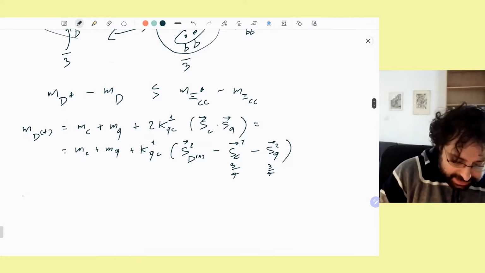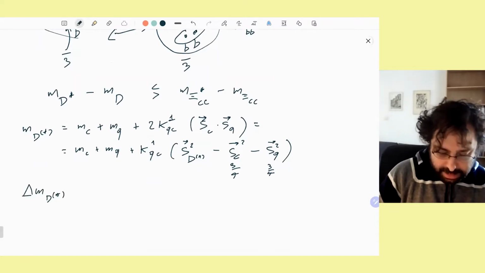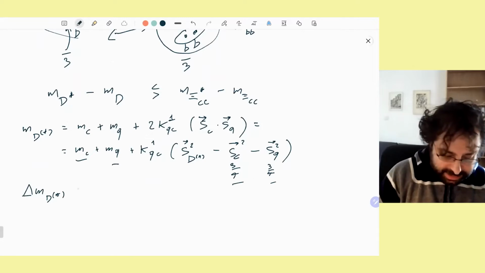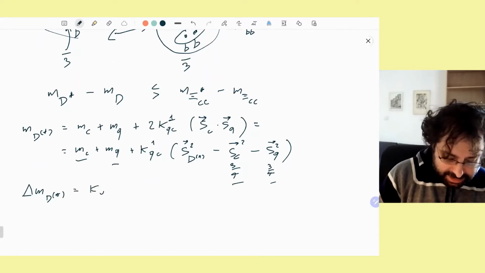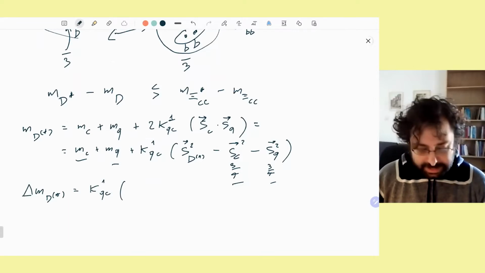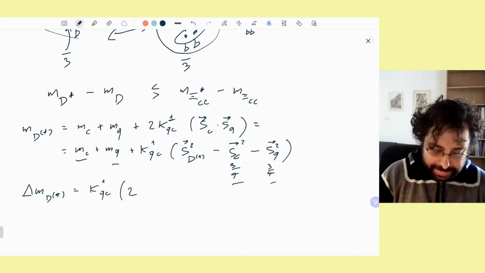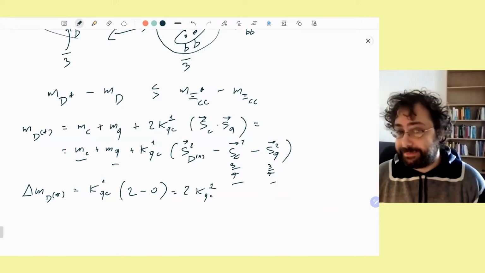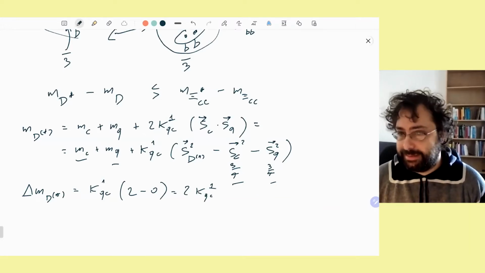That means that in this mass difference all these terms are the same, so the only difference you get is this times the spin squared of the D star, which is 2, and the spin squared of the pseudoscalar, which is 0. So you get twice K_QC. Okay, is that clear?